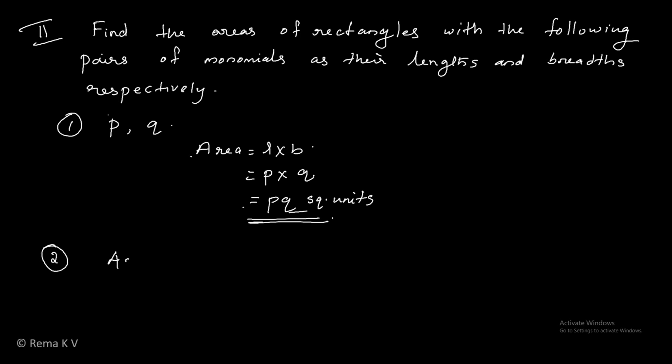Another one, 4x and 3x square. Length is given as 4x and breadth is given as 3x square. Find out the area. Length is 4x and breadth is 3x square.